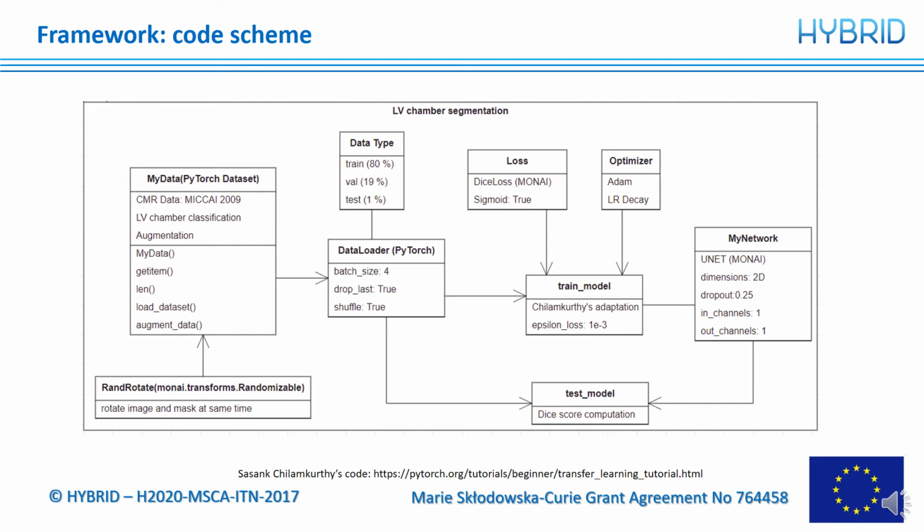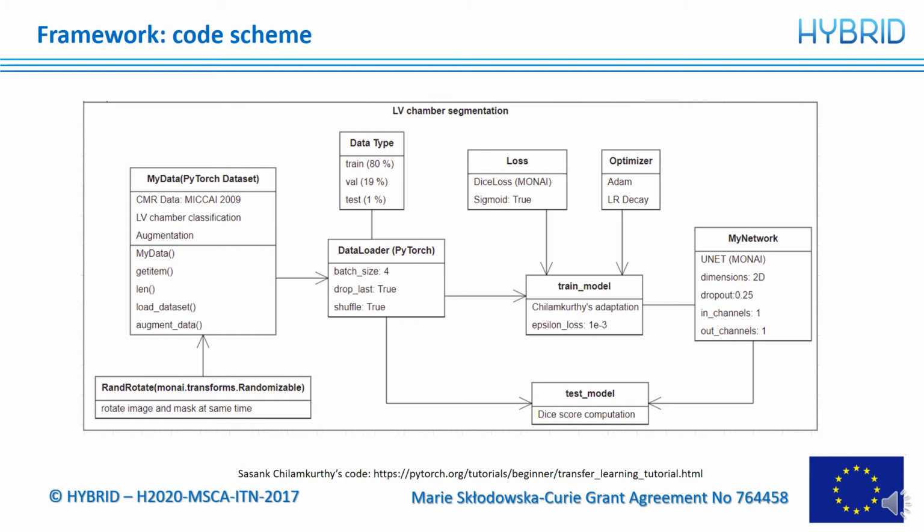In this case, for the augmentation part, I use random rotation from MONAI transformations in order to keep exactly the same rotation for the mask and the image. Then I decided to create objects from the DataLoader with 3 different types of dataset: the train with 80% of data, validation and testing with 19% and 1% respectively.